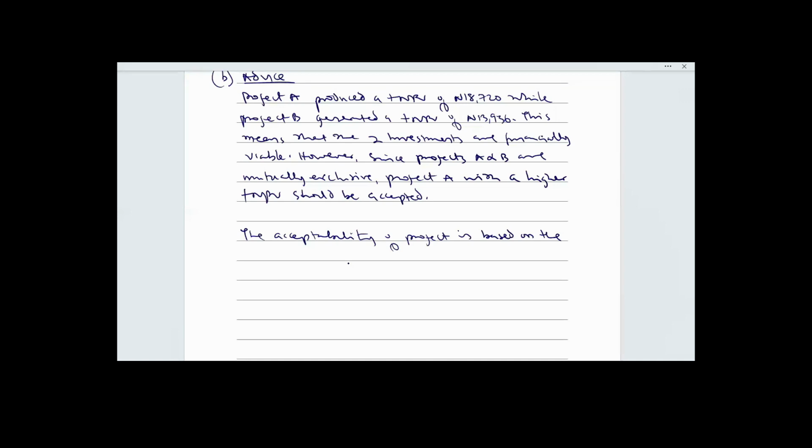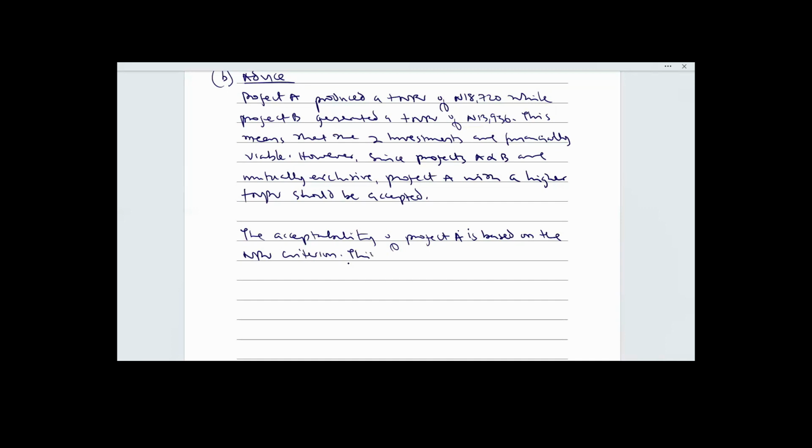The acceptability of project A is based on the NPV criterion.